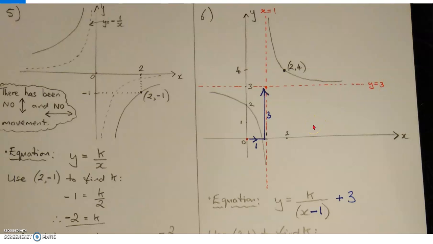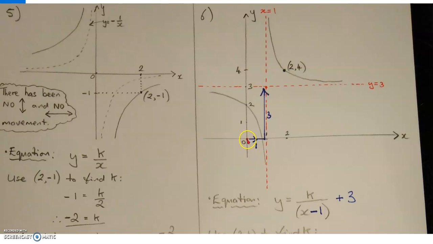Now if you can imagine, you see these axes here, this is the y-axis and this is the x-axis. Imagine I could pick it up at the origin and move it to there. Then the asymptotes really look like where the axes would be.